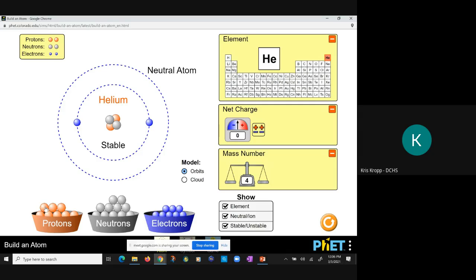The atom's identity will change, says Audrey. Let's test that out. Look at that. The identity did change. Good job, Audrey. We now have lithium.